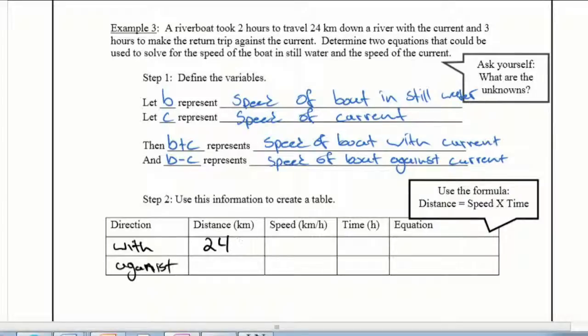So it doesn't matter if we're going with the current or against the current, we're traveling 24 kilometers. The speed is going to be, in this case, the boat plus the current, because we're traveling with the current, and then the boat minus the current, because we're traveling against the current.